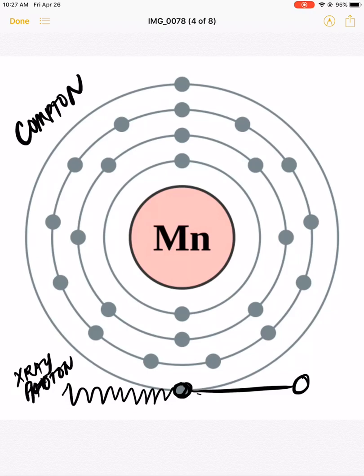What happens is this incoming photon loses energy and changes direction. This change in direction causes it to scatter. So now we have scattering that occurs.